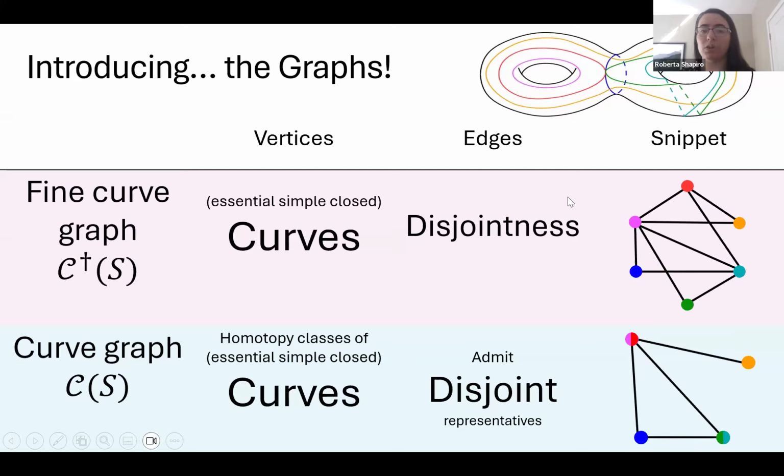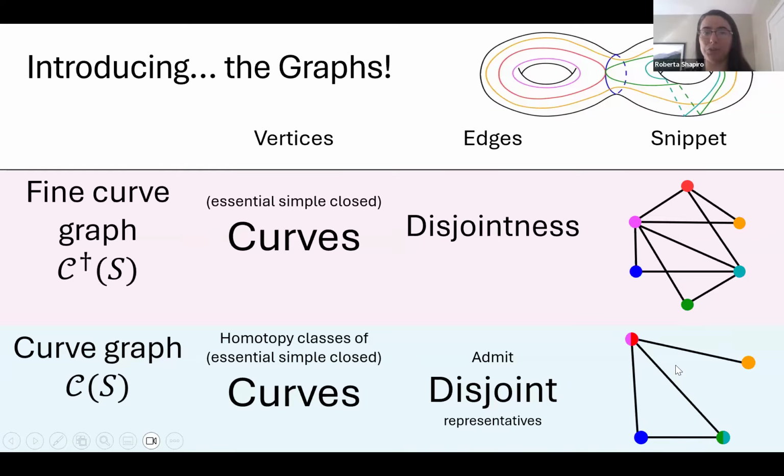Although it seems like maybe we lost some of the more difficult part of thinking about curve graphs, which is the up to homotopy, we gained significantly more: an uncountable number of vertices and an uncountable number of edges, whereas before our graph was purely countable.